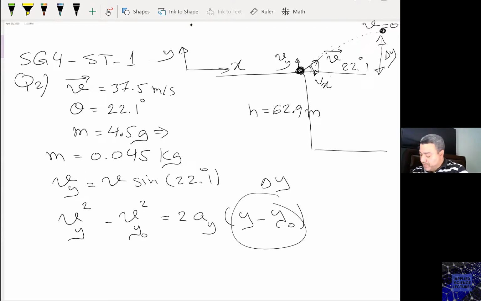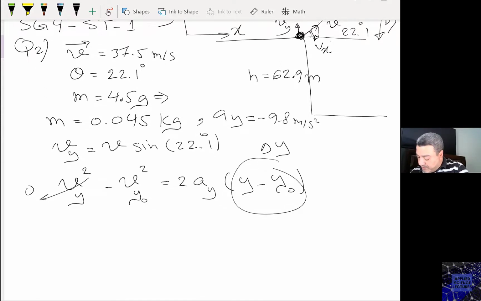This is my delta y. I know the acceleration, ay, which is minus 9.8 meters per second squared. I need delta y. The final velocity would be 0, and I have the initial velocity, which is v sine 21.1.